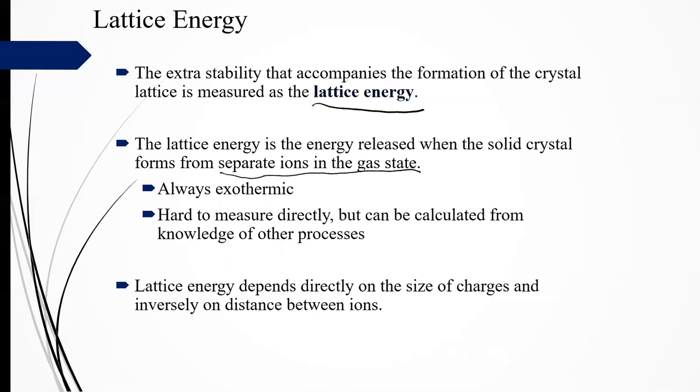And just like our magnets getting pulled apart, that's always going to be a benefit when we go from the separate ions to the solid. So we would prefer to be connected in one giant crystal as opposed to being apart in individual ions. And so we always see that release of energy.